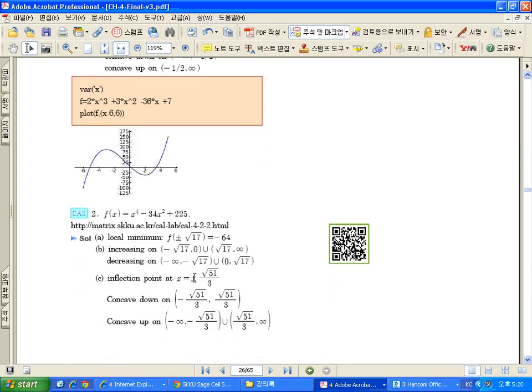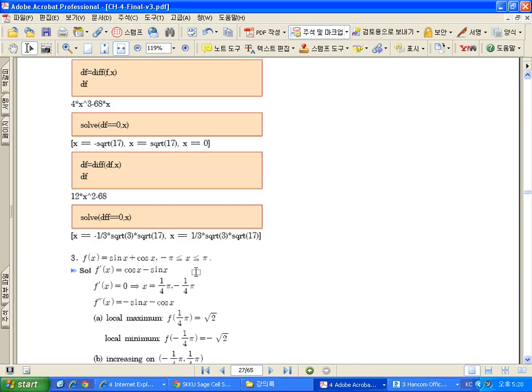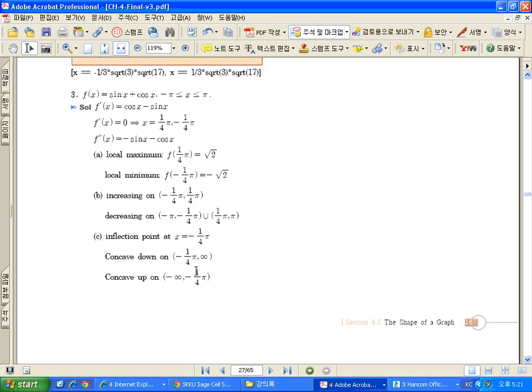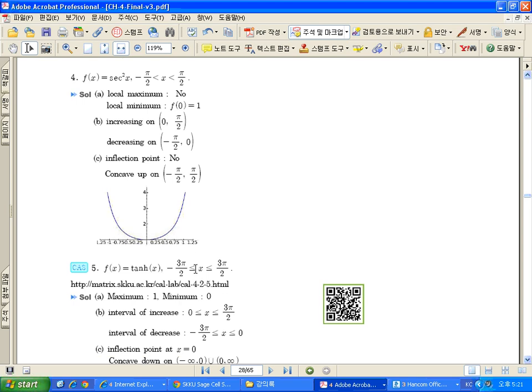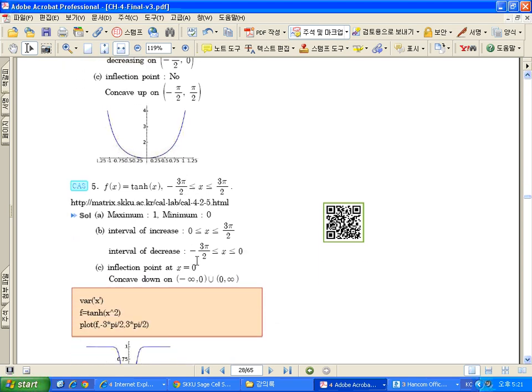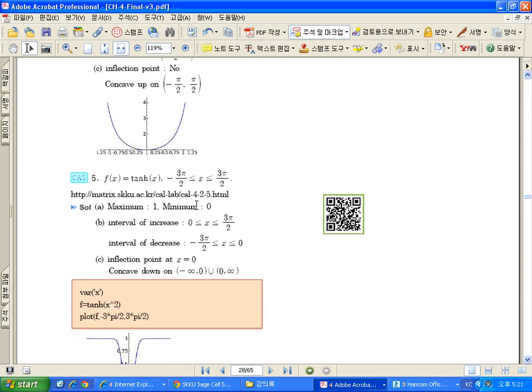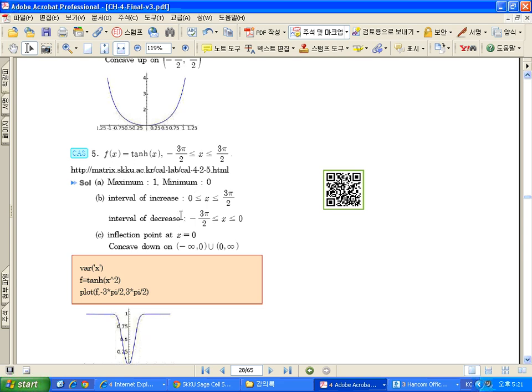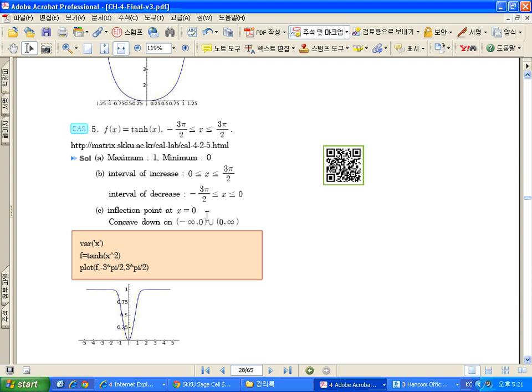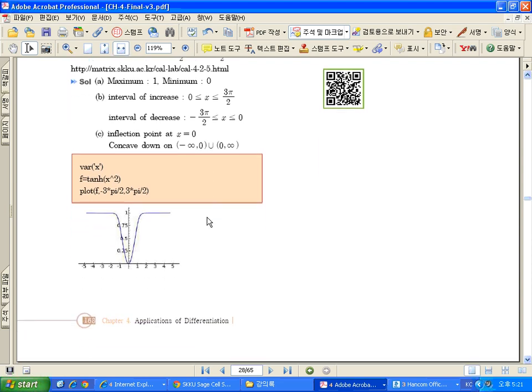That's your choice. These examples show it. You have the solution, so you may try to draw the graph and then find the local maximum and minimum, intervals of increase and decrease, inflection points, etc.